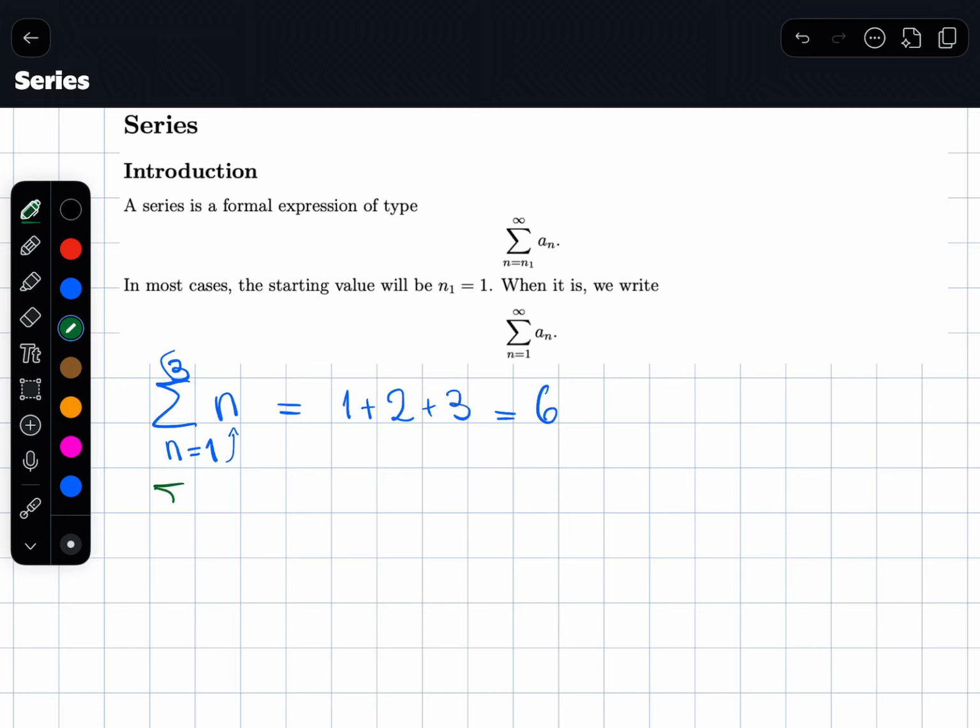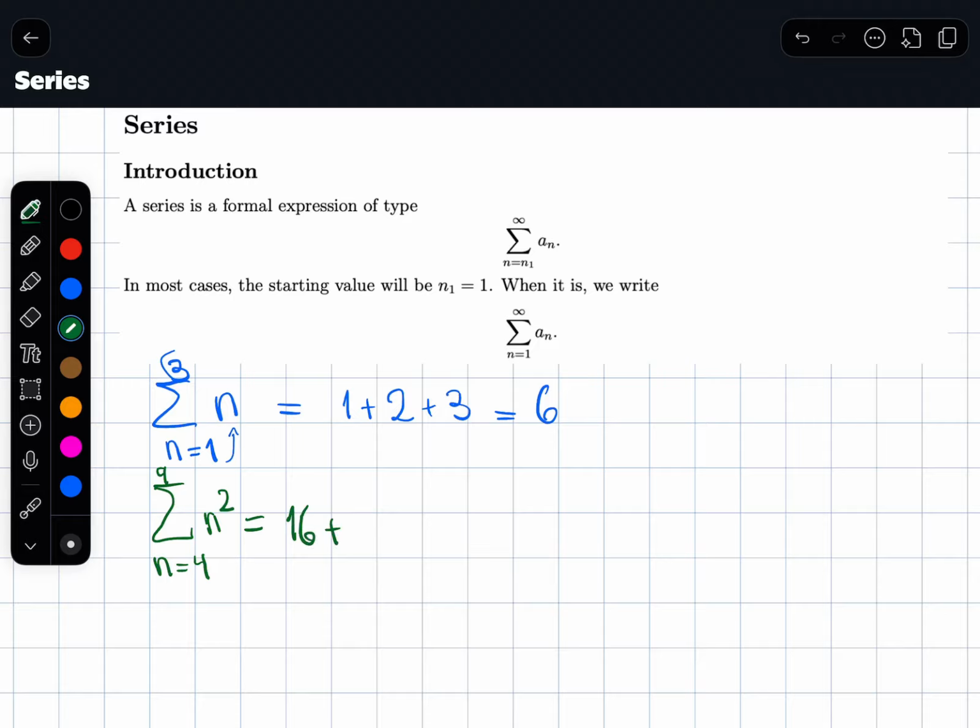Of course, I could also have done a different range. Maybe instead of starting at 1, I'll start at 4 all the way to 9, and I'll be adding n squared. Take 4, plug it in, that's 16.